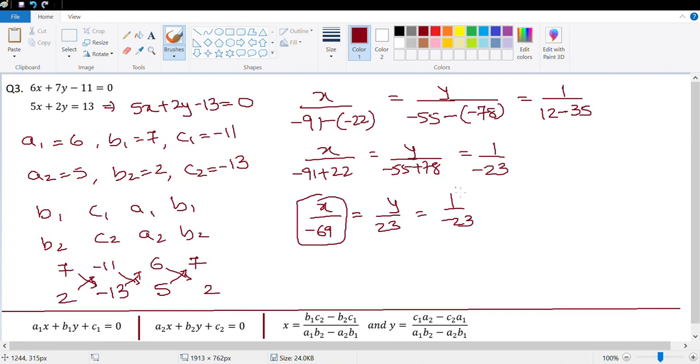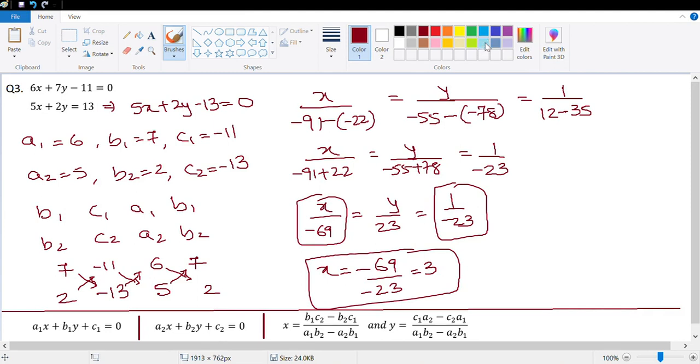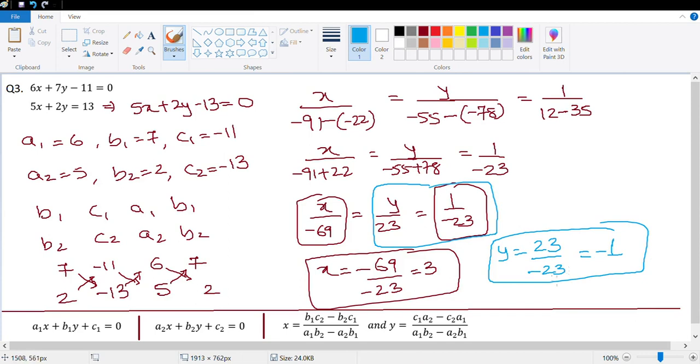So let's take the first and the third term, and we get x is equal to negative 69 upon negative 23, which is equal to 3. And let's take the second and the third term, and I get y is equal to 23 upon negative 23, which is equal to negative 1. So the value of x and y, that's equal to 3, negative 1.